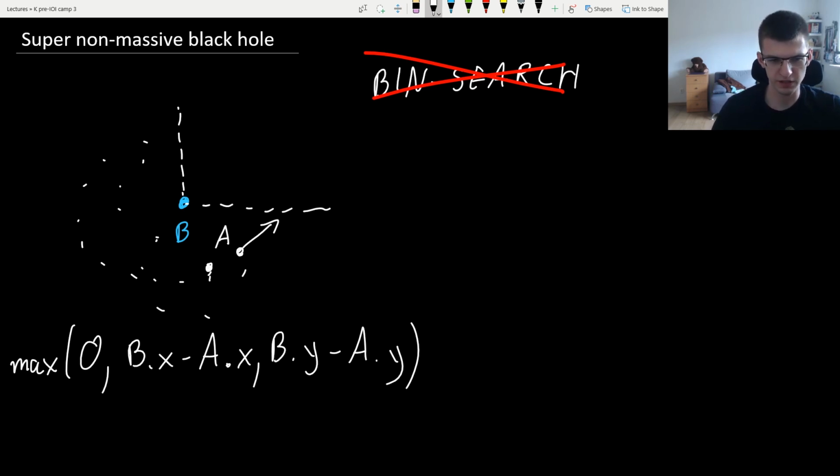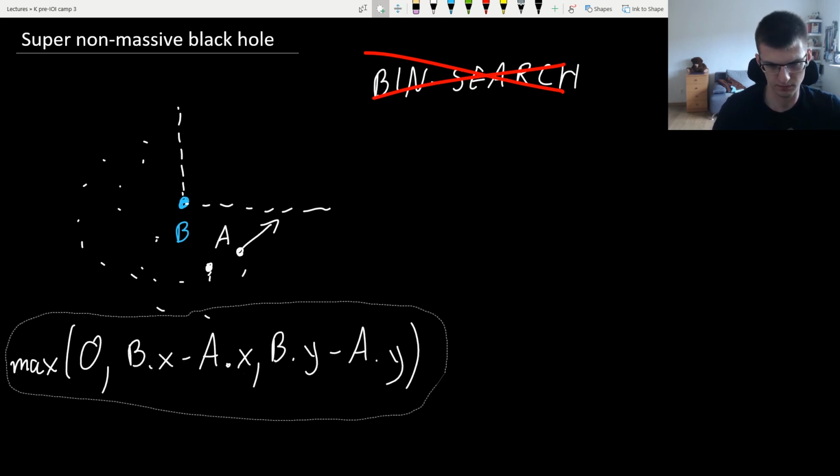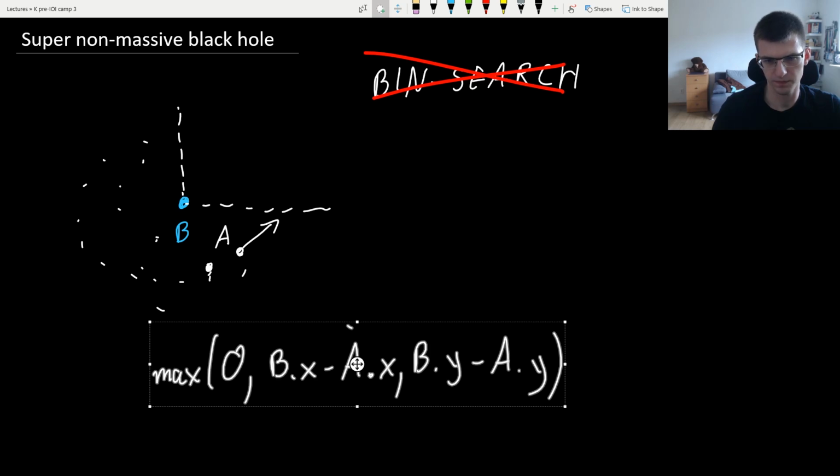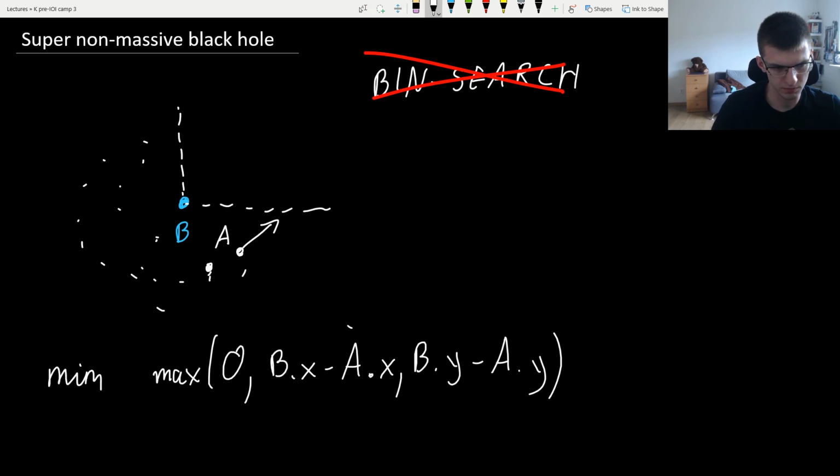And what we need, I will shift that a bit to the right. What we need in the whole problem is the minimum over all points A of that.